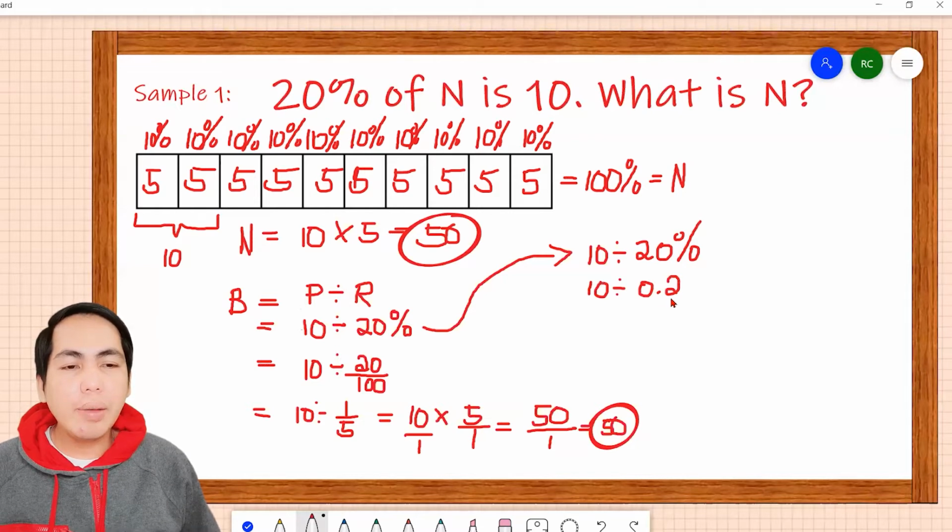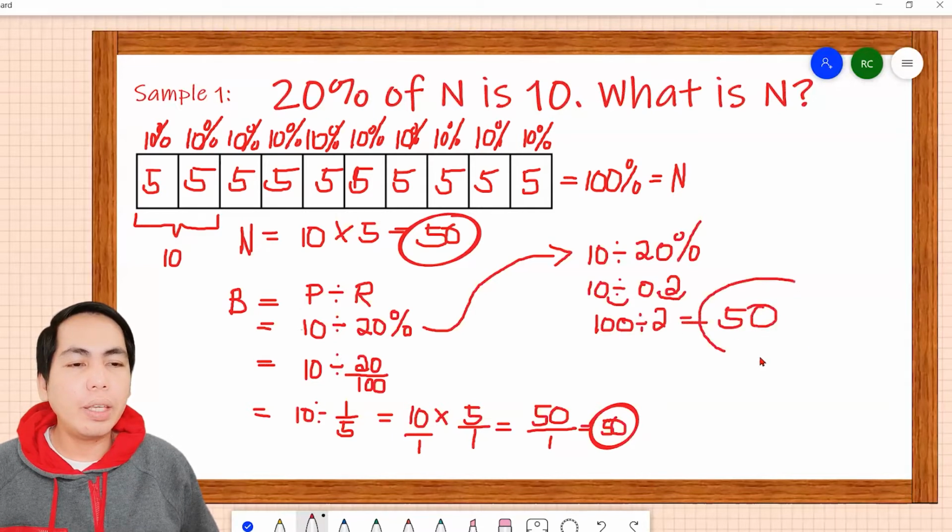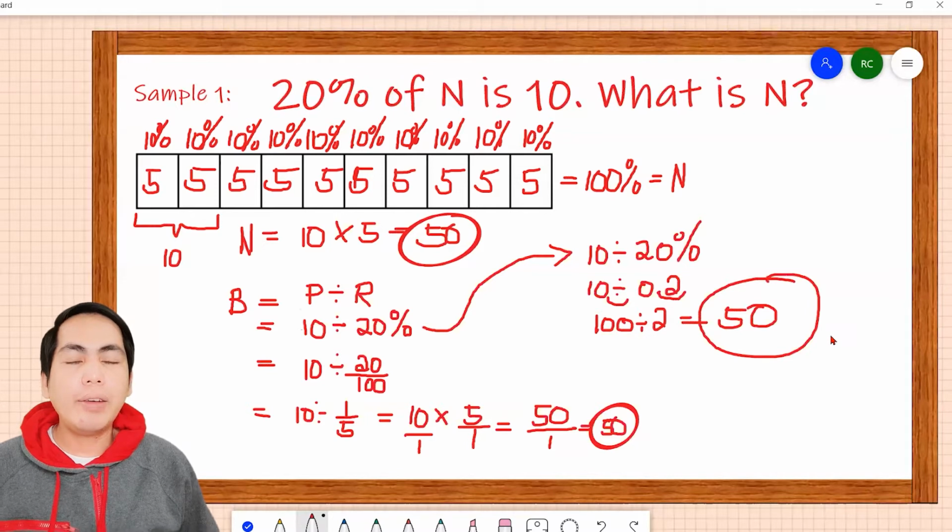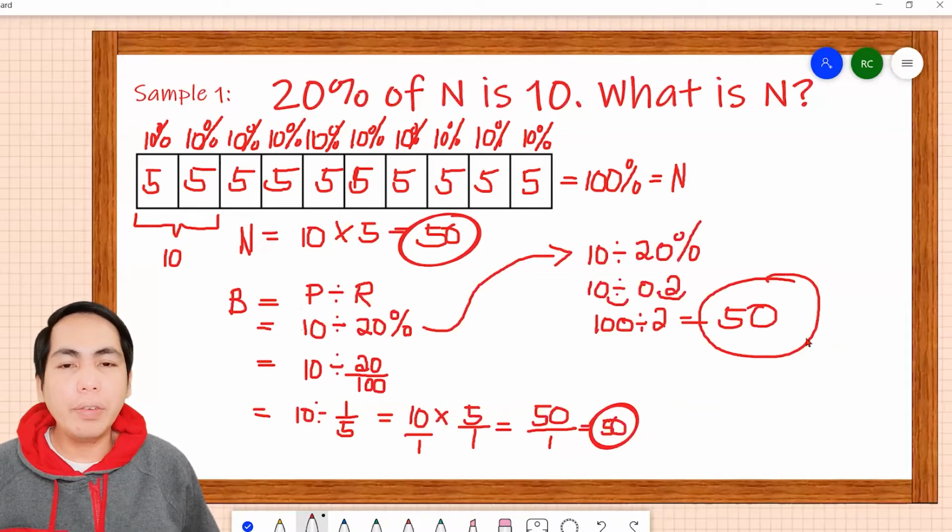So, to make this divisor a whole number, we have to move 1 decimal place to the right to make it 2. And since we have moved 1 place to the right in our divisor, we have also to move 1 place to the right in our dividend to make it 100. So 100 divided by 2 will give us 50. So therefore, the value of n is 50.